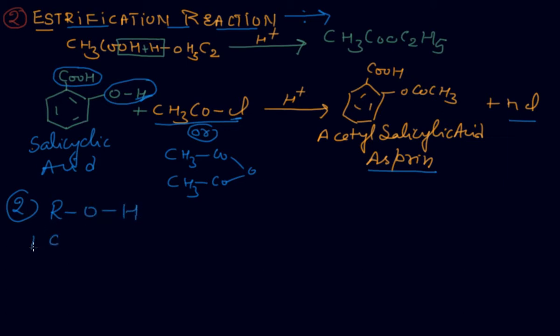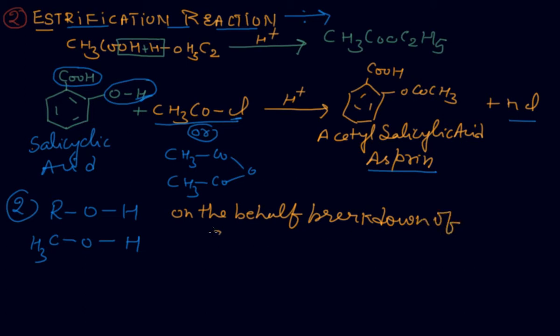R, if it is replaced by CH3, then O and then H. Now we are taking the second chemical reaction of the alcohol, on the basis of breakdown of the CO bond present in the alcohol. You must watch it clearly.